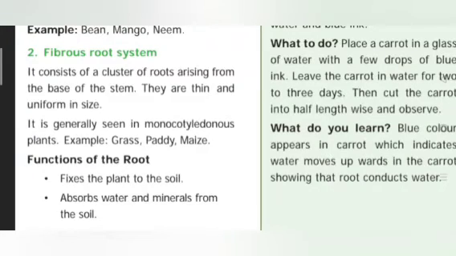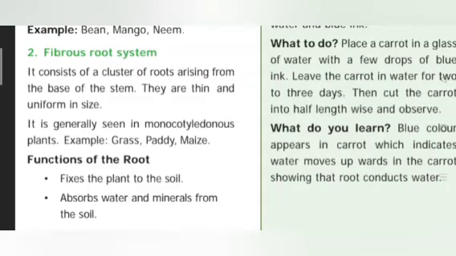And this fibrous root system is mainly found in monocotyledonous plants. Monocotyledonous plants, in the sense, the plant's leaves have only parallel veins. For example, when you look at the leaves of coconut, a main vein will be present in that leaf, isn't it?